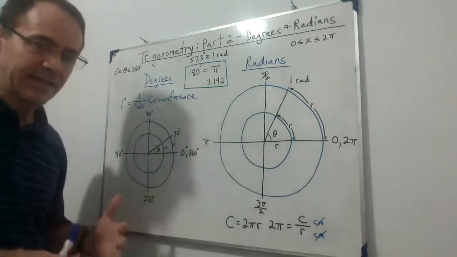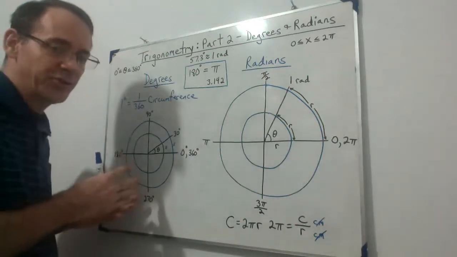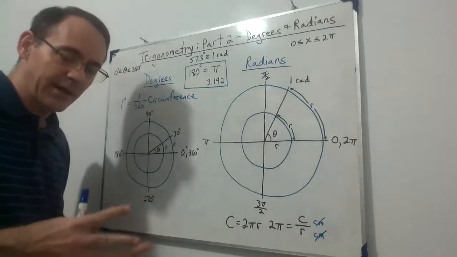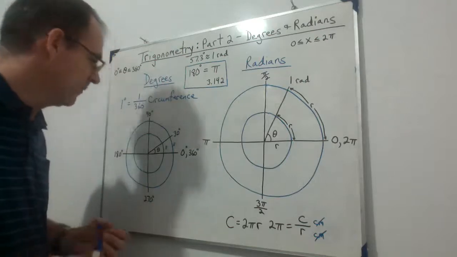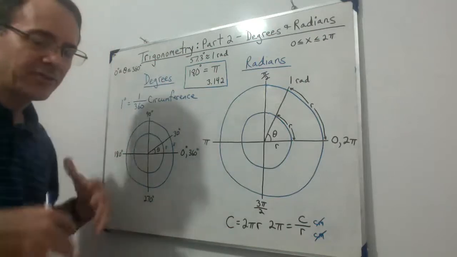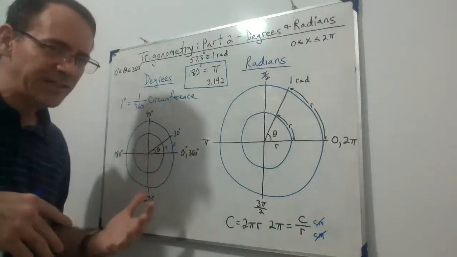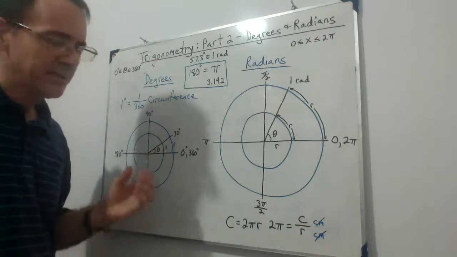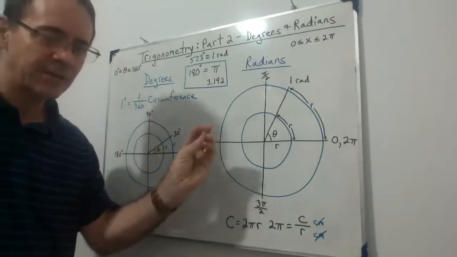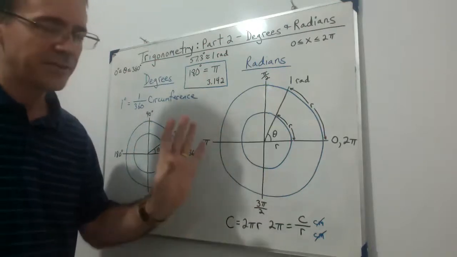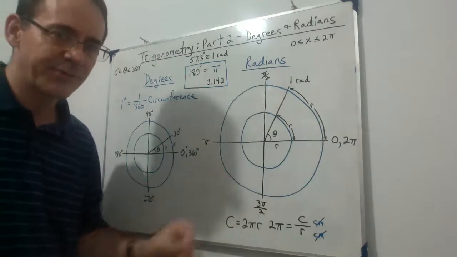So like I said, I think that we're introduced to it earlier in our educational development. We use angles a little bit more often in our normal conversation. But when it comes to mathematical and scientific things, the radians are the preferred way to go.